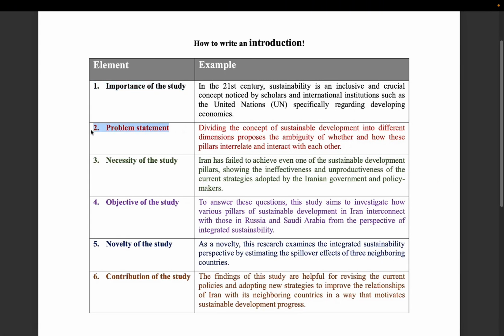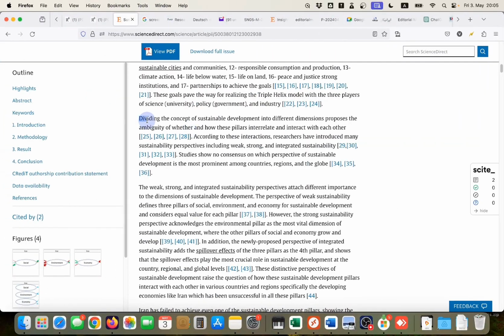The next paragraph focuses on the problem statement. Its topic sentence is: dividing the concept of sustainable development into different dimensions proposes the ambiguity of whether and how these pillars interrelate and interact with each other. As you can see, the signaling word is ambiguity here.